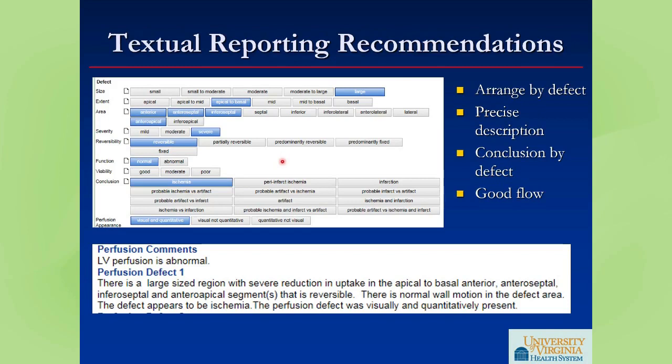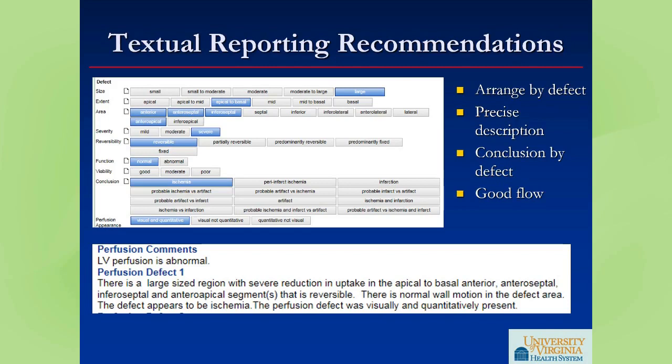And this can be done with multiple different software programs, but I think it's important that you provide that specific information. And so down here in the comments, you can see perfusion comments, LV perfusion is abnormal, and then it describes that defect. And the defect appears to be ischemia. So I think that's one important component when you're doing your reporting.